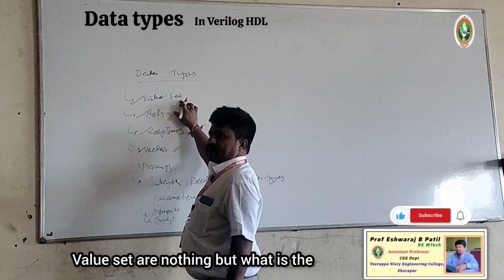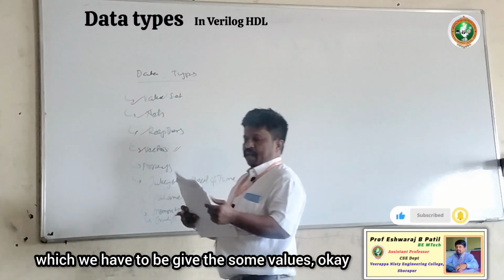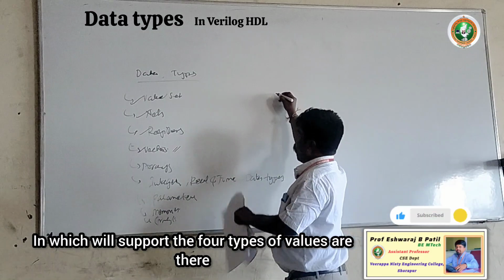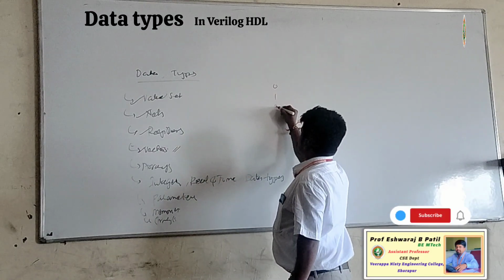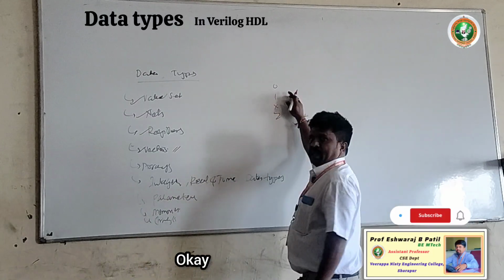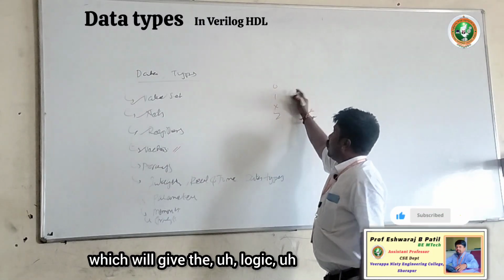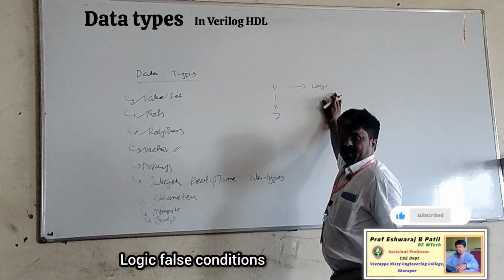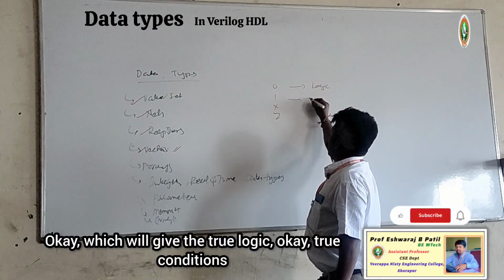Value set is nothing but the values which we have to give. It supports 4 types of values. One is 0, 1, x, z. 0 gives the logic false condition, 1 gives the true logic.